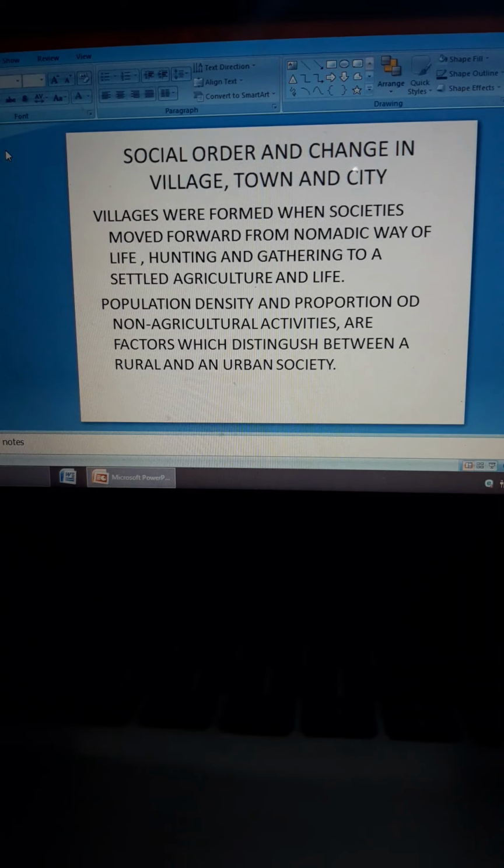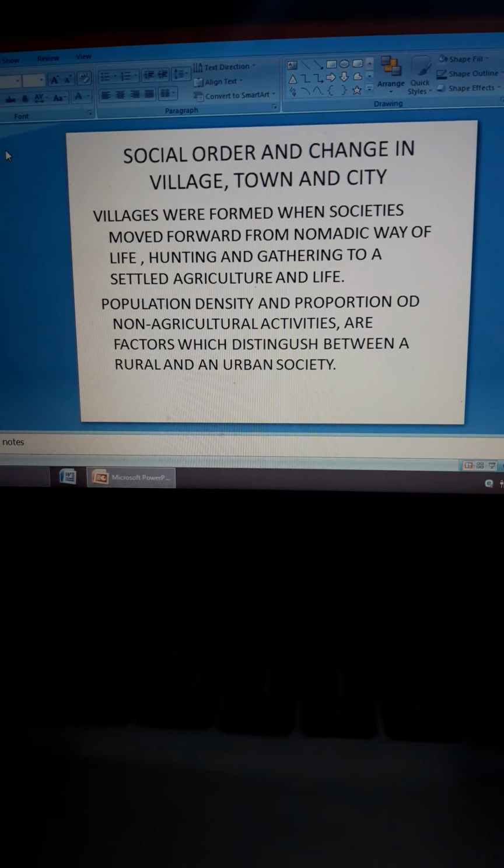They did not stay in one place and did not cook food for themselves, but they used to hunt and gather fruits, vegetables and animals, okay. But as society moved from that phase to a settled agriculture phase, where they started to live in a particular area and cultivate it throughout their life, that was when the idea of villages came forward.